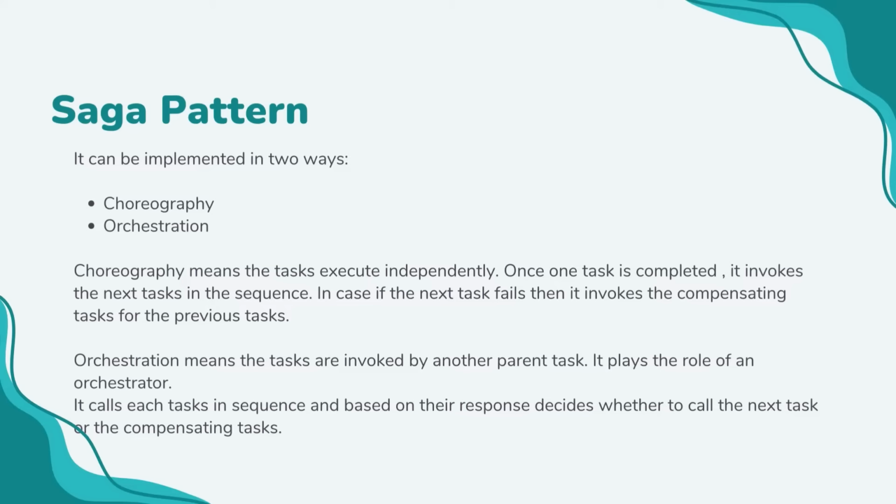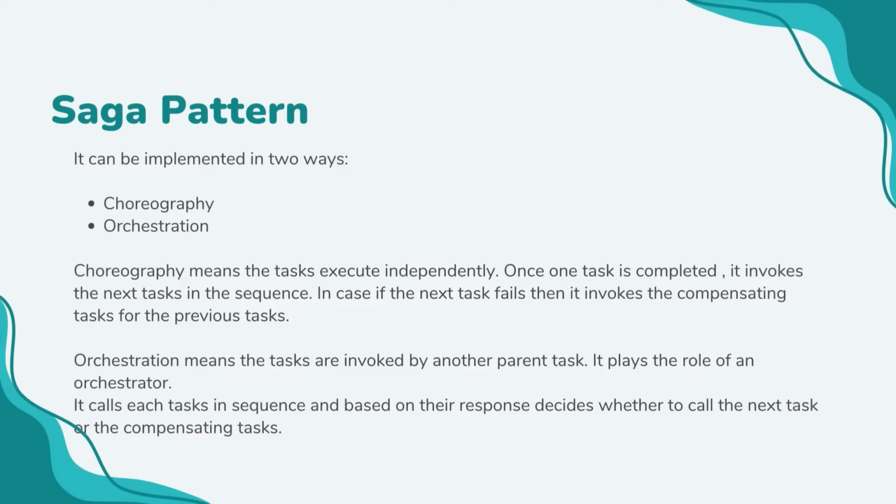If the next task fails, it invokes the compensating task for the previous task. Orchestration means the tasks are invoked by another parent task, which plays the role of an orchestrator. It calls each task in sequence and, based on their responses, decides whether to call the next task or a compensating task.